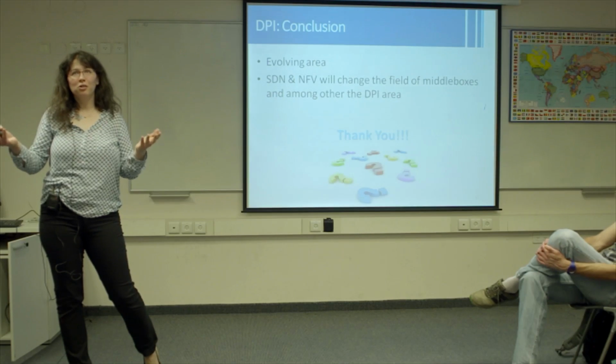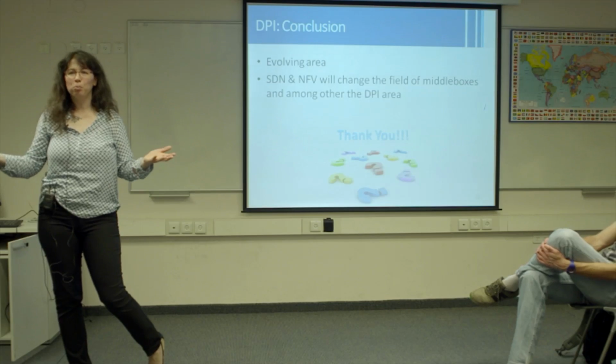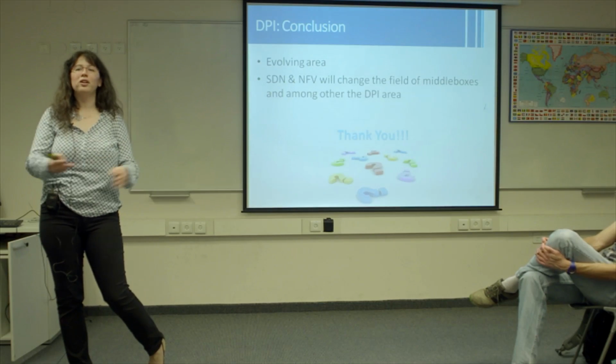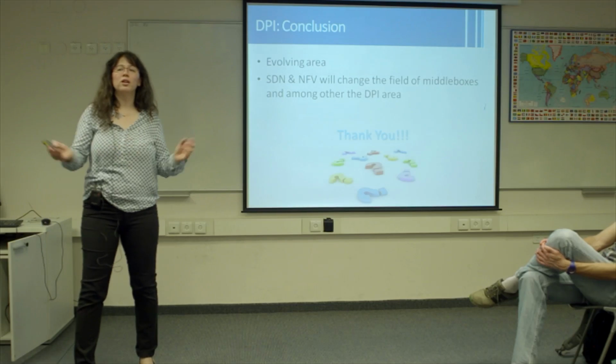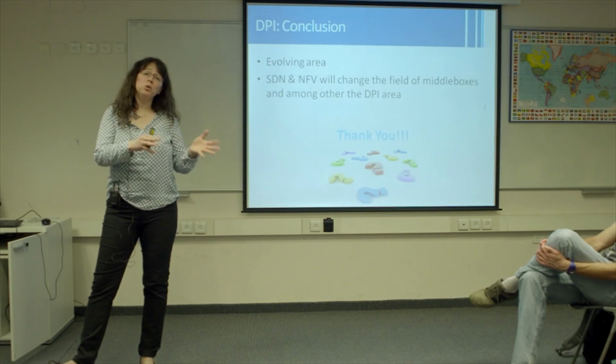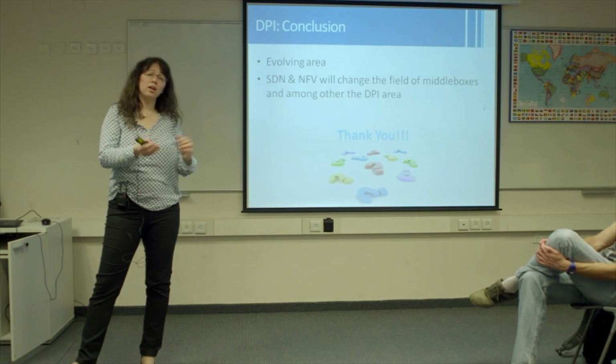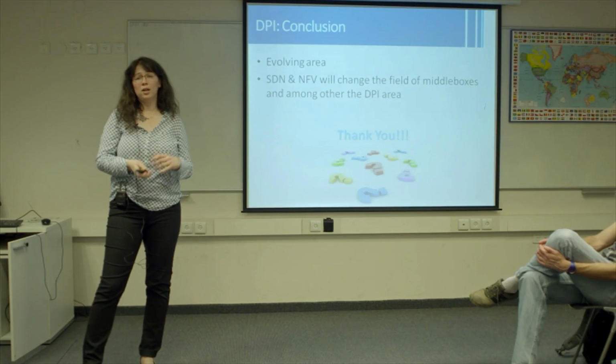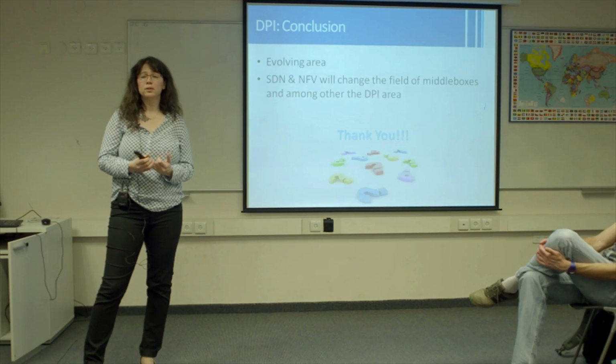But the SDN controller is a much worse problem, because if you attack it, you would have no routing, no forwarding, and all the network will be attacked. So you should protect the DPI controller the same way you protect the SDN controller.